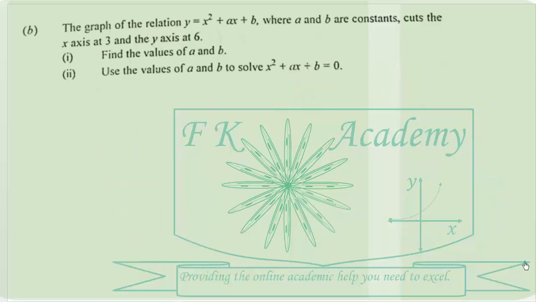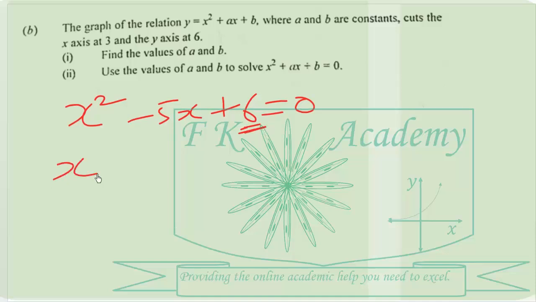So the equation we are solving is x squared minus 5x plus 6 equals 0. Two factors of 6 that when we add we get negative 5 are negative 2 and negative 3. When we multiply we get 6, when we add we get negative 5.